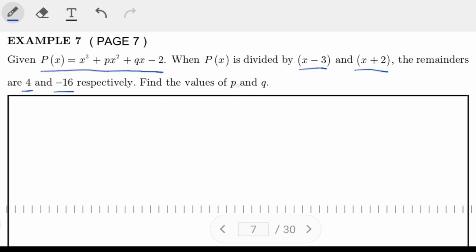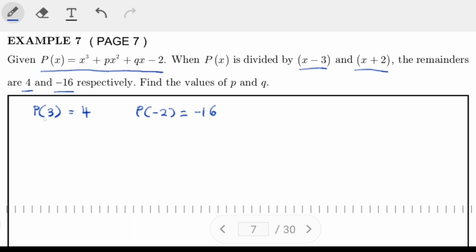According to the remainder theorem, when P(x) is divided by x minus a, the remainder is P(a). So when P(x) is divided by x minus 3, the remainder is 4. And when divided by x plus 2, P(negative 2), the remainder is negative 16.